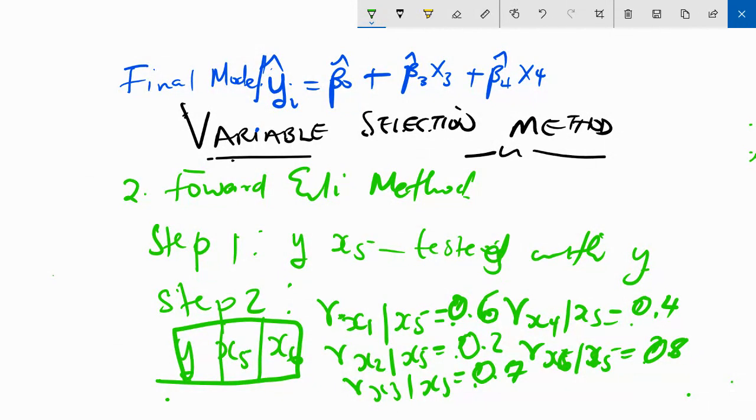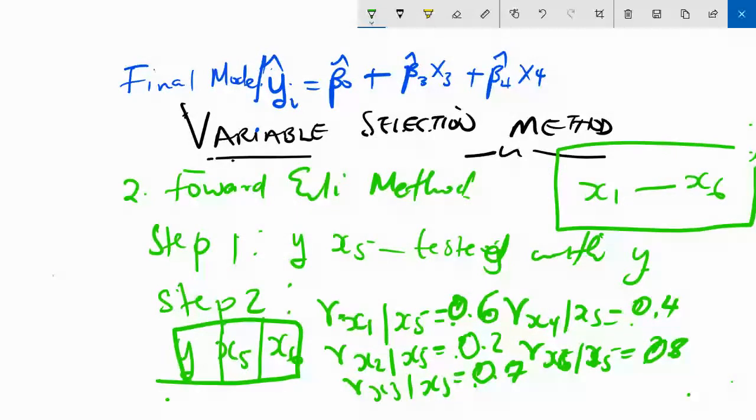It doesn't mean that because you have x1 up to x6, we have to bring them in. There will be a stage where the system will stop. If the system stops after entering maybe only 4 independent variables, you conclude that the ones which were not entered don't meet the criteria of entering in the model.